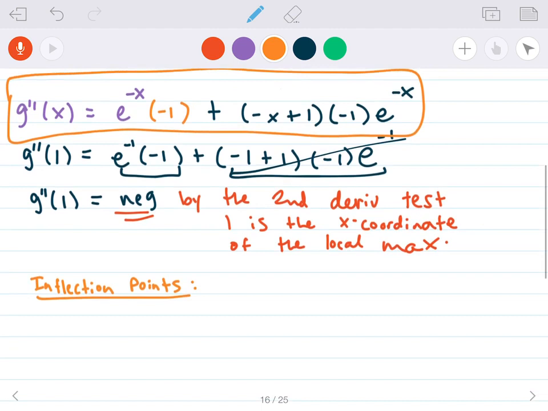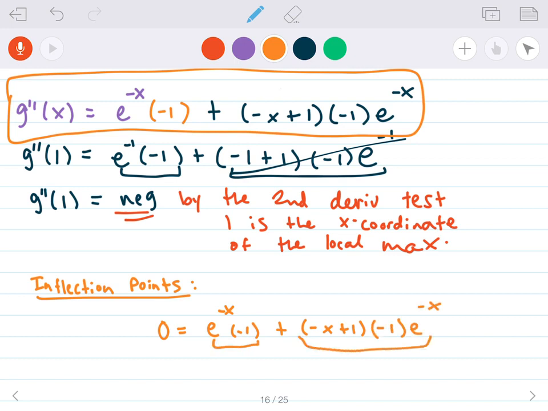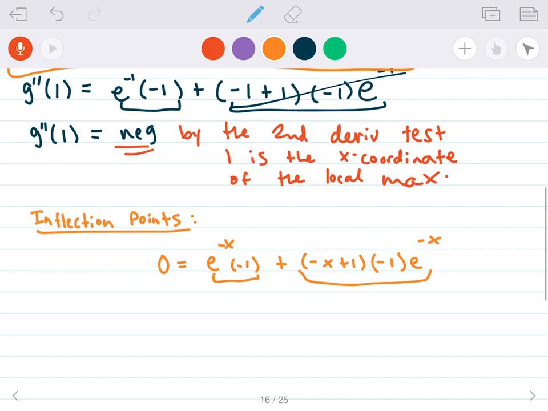So I'm taking the second derivative and setting it equal to 0. What I notice is that everything's stuck together with multiplication. Both of these terms have an e to the negative x that I can pull out. So if I pull out an e to the negative x, I'm left with negative 1 for the first thing, and for the second thing, I'm left with negative x plus 1 times negative 1.